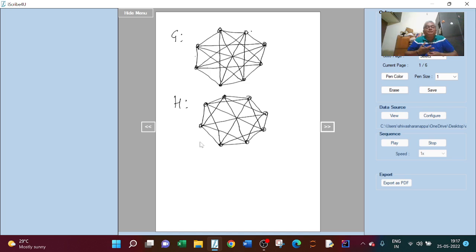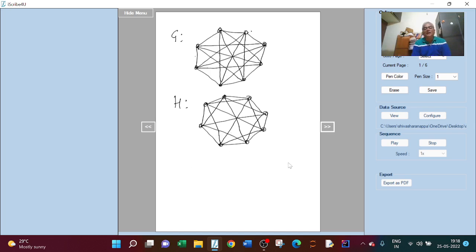But even then, these two are not isomorphic. So in this case, it may become difficult to verify the adjacency from G to H. What I do here is, I will draw the complement of G and the complement of H. If G bar and H bar are isomorphic, then we say that G and H are isomorphic.